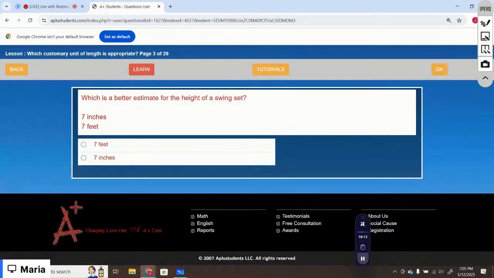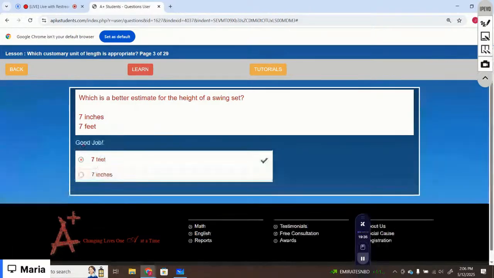Which is a better estimate for the height of a swing set, 7 feet? That would be 7 feet because 7 inches is too small for the swing set.